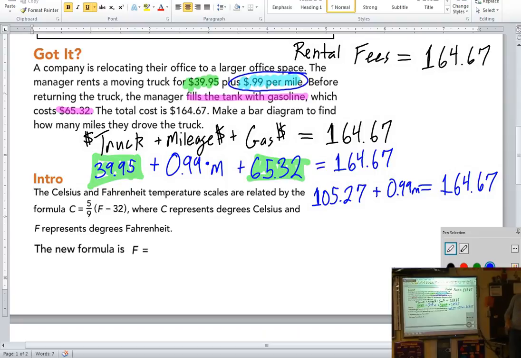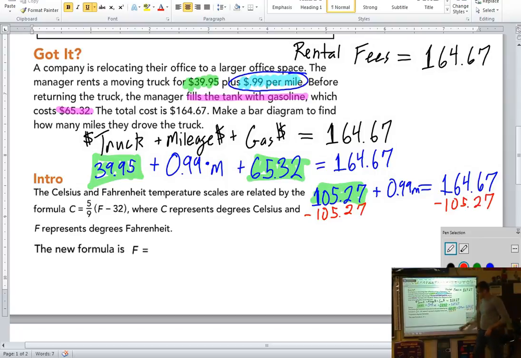Izzy, what do I want to do first here to work towards getting M by itself? Yeah. So sorry, I went back and highlighted this so you can identify these green values added to get this green value. But then Izzy tells us we want to get rid of that constant value because it's positive. We subtract it.